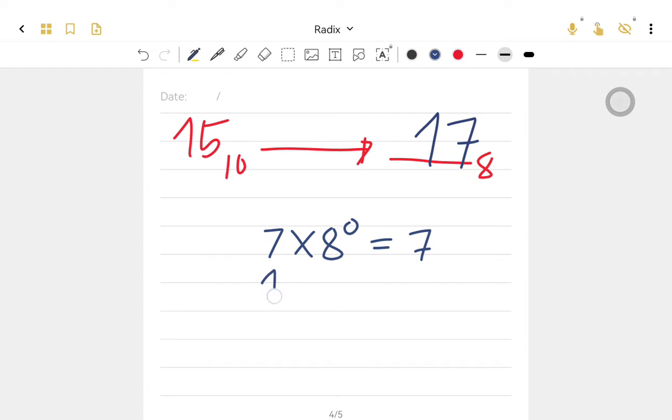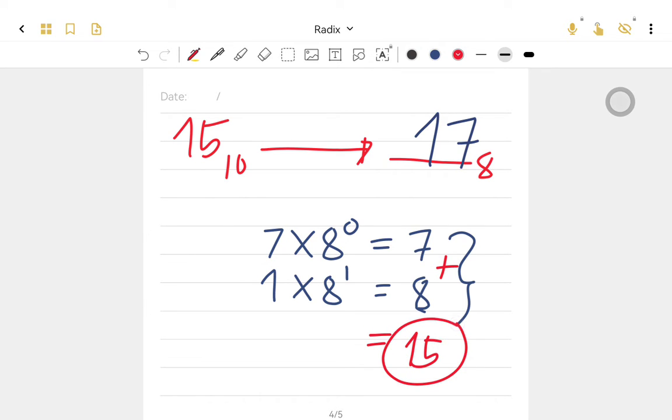And then 1 times 8 to the power of 1 is 8. Then we add 7 plus 8, which equals 15. So our answer, 17 base 8, is correct.